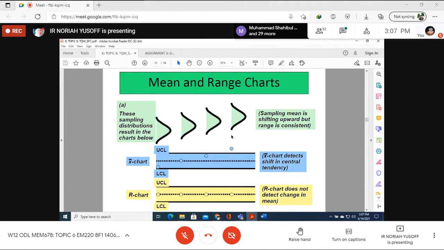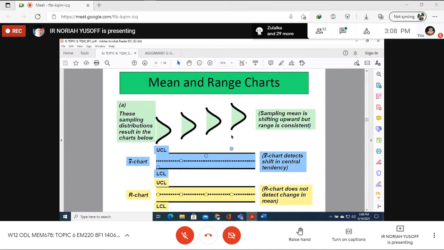If you are only monitoring the range, then 12 and 8 give a range of 4. For example, if it is 13 and 8, you will get the same range.